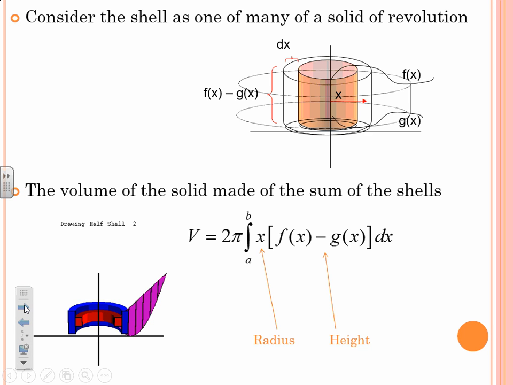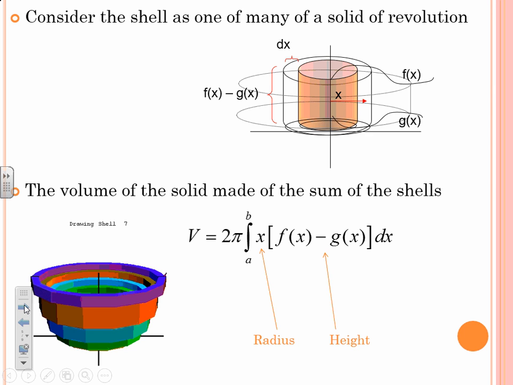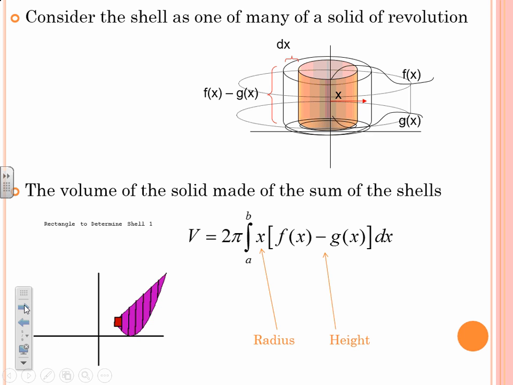Okay, I know there's a lot going on right now. All right, but we have a piece of our curve that we've rotated around, and there is a shell. There's our cylinder. Okay, so the height of the cylinder is just going to be top function minus bottom function, just like we would with area. Okay, so that is going to represent our height.